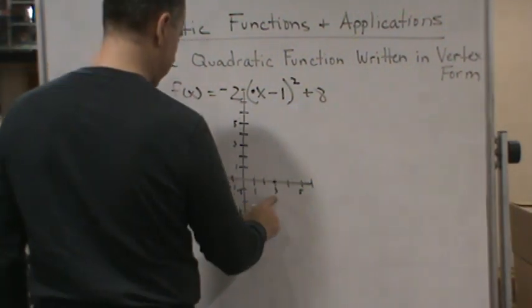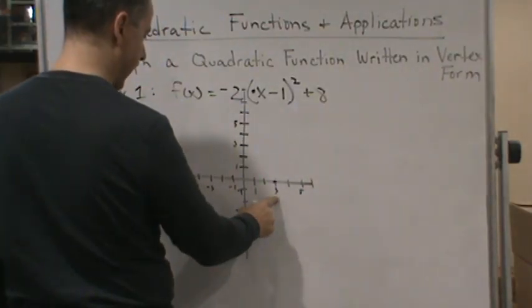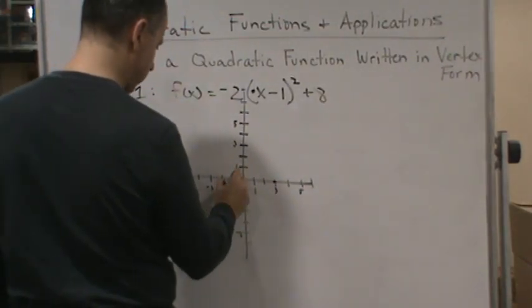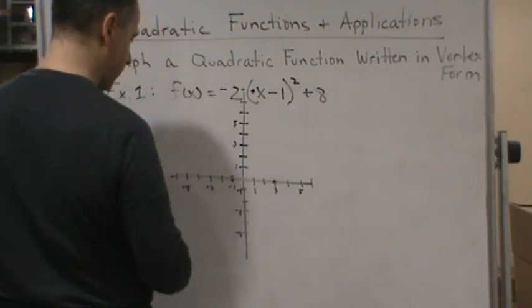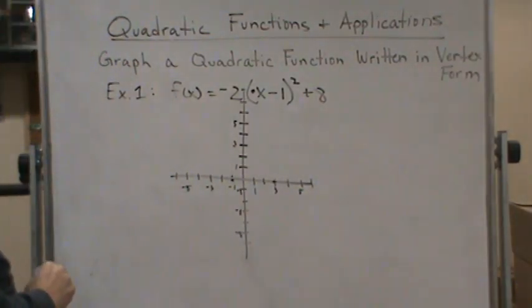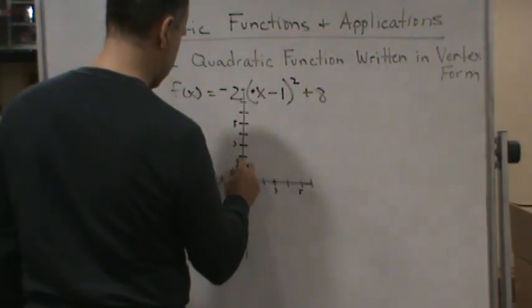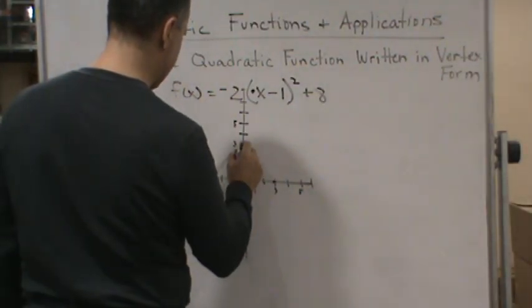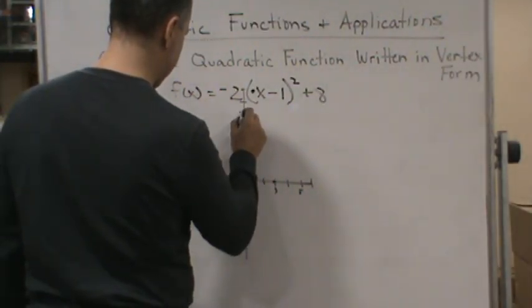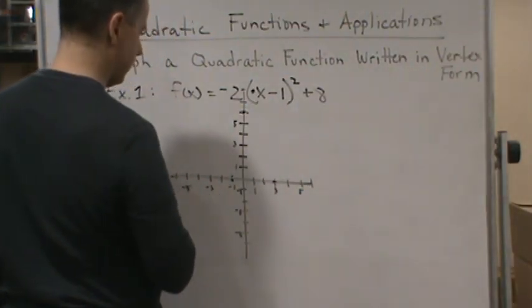And then the x-intercepts were at 3 and negative 1. And then our y-intercept was at 6. 0, 6, which is right here, which makes sense.